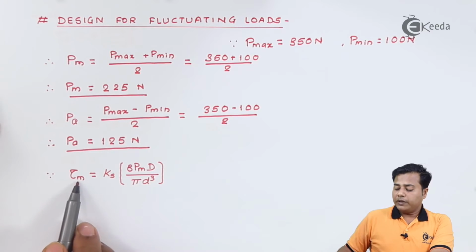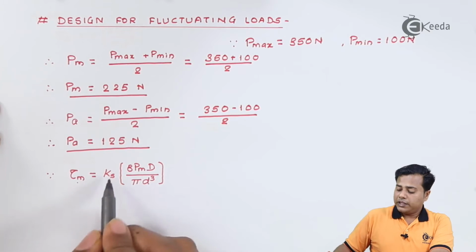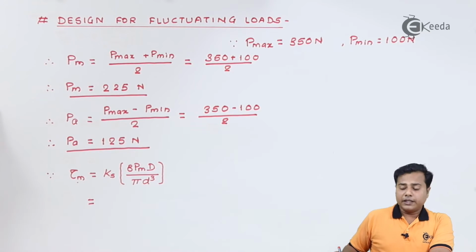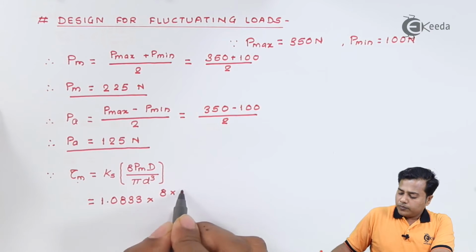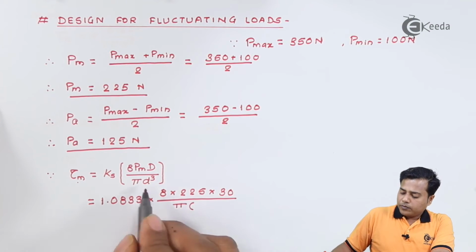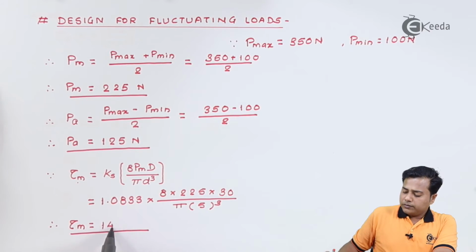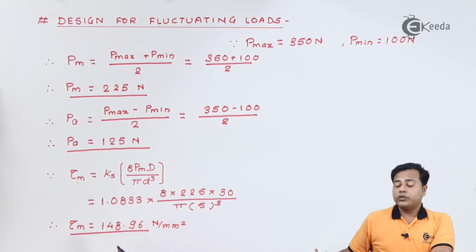We again have been given the shear stress value, which is the mean one, given by this particular formula. We already have found out the value of Ks, which is somewhere equal to 1.0833. So this is the value based on the mean value of the forces.